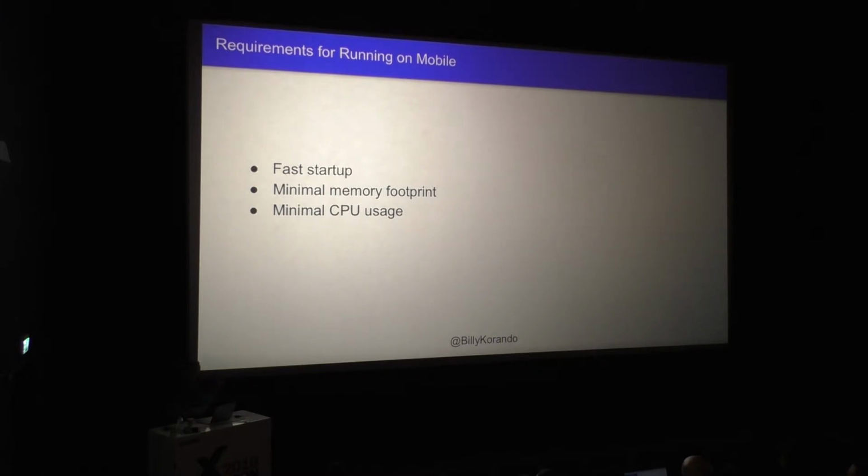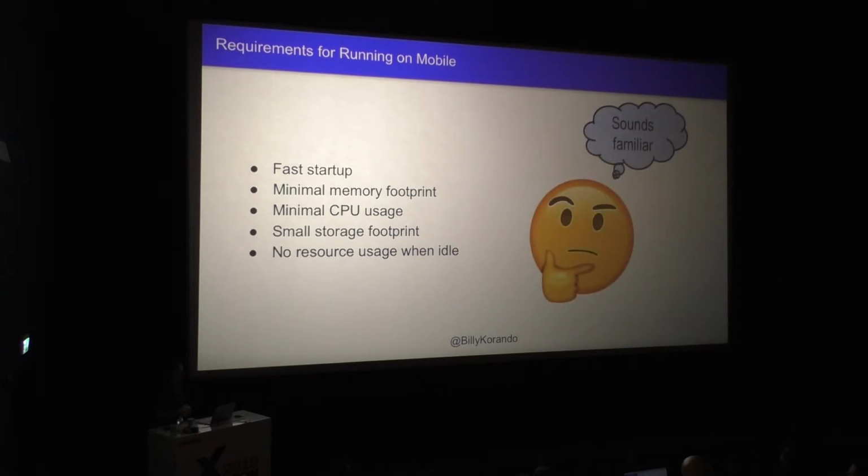Again, the processors on those phones are not very big, so you need to be not too CPU hungry. They didn't have much storage on those old Nokia sort of phones. Small storage footprint required. And efficient, so that it doesn't drain your battery. And of course, that sounds familiar, doesn't it? From what we just explained, what we need for running Java in containers.